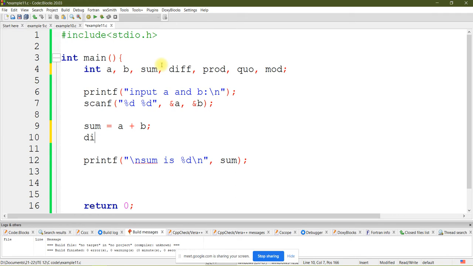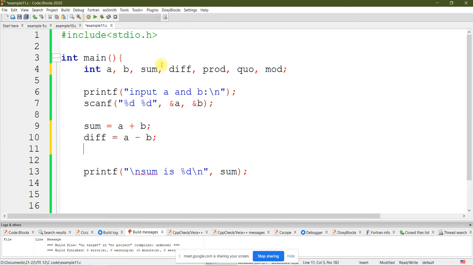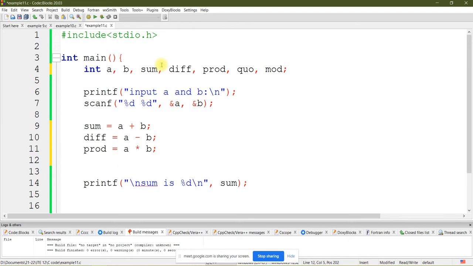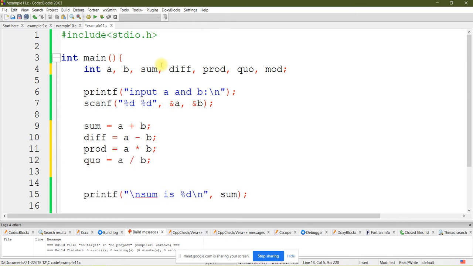Next is diff. Diff is equal to A minus B. And then we need the prod, which is A times B. And then quo, which is A divided by B. And the modulo, which is A percent B.